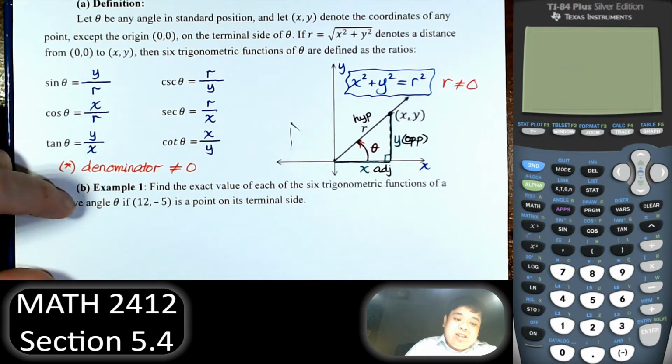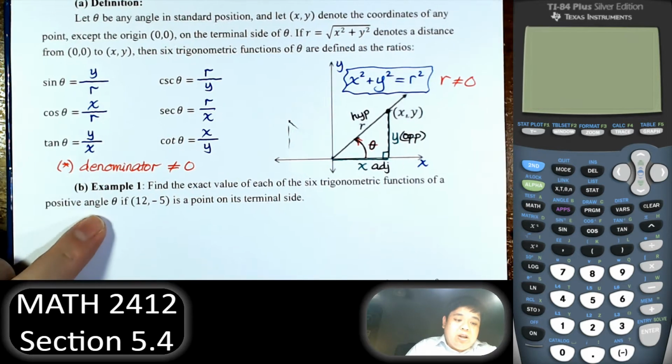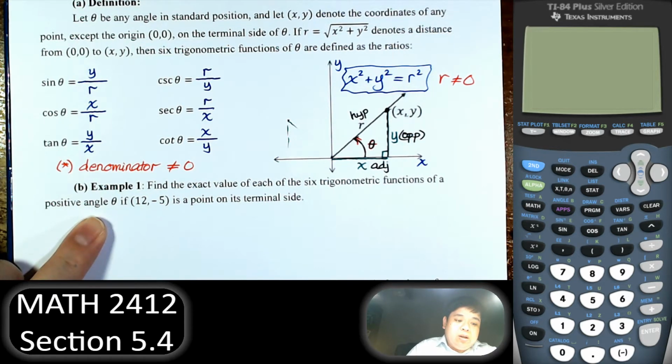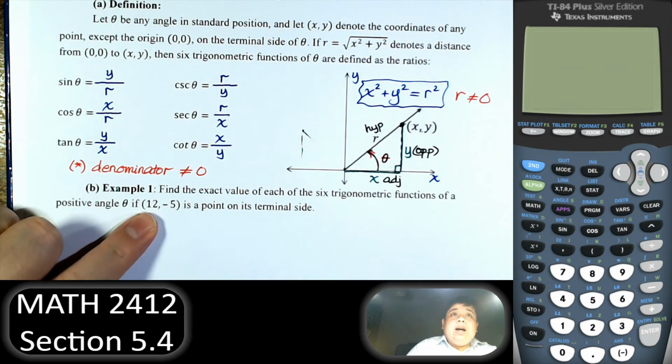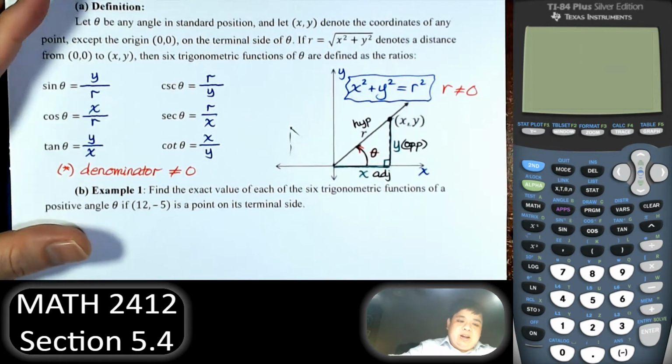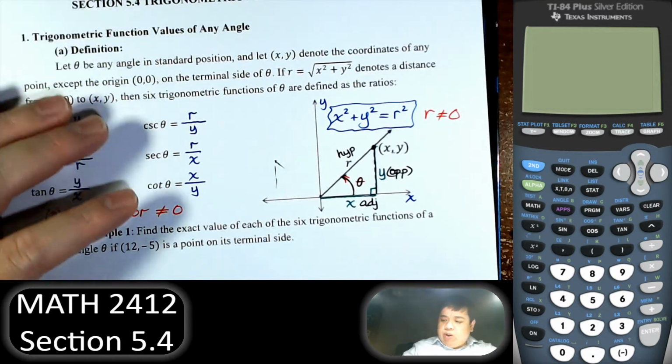Now, let's find the exact six trigonometric function values for the point (12, -5). So pretty straightforward.